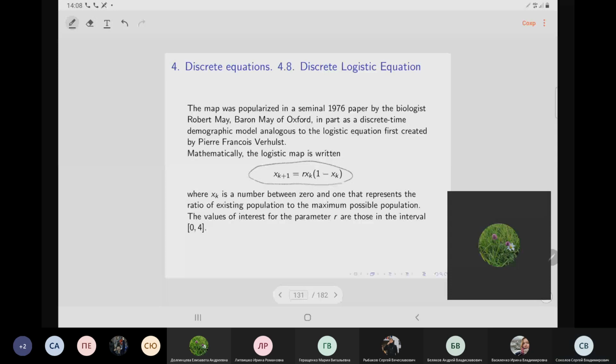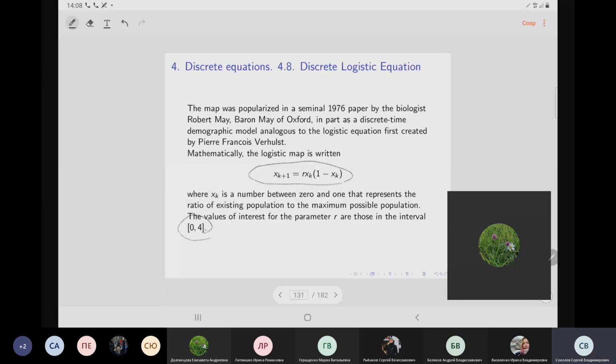So x_k is the population number, and r is a value from 0 to 4.